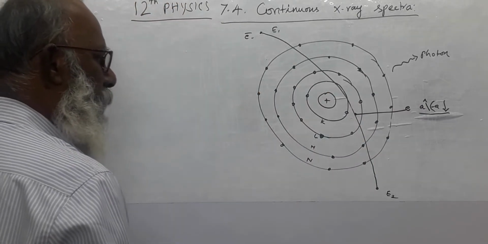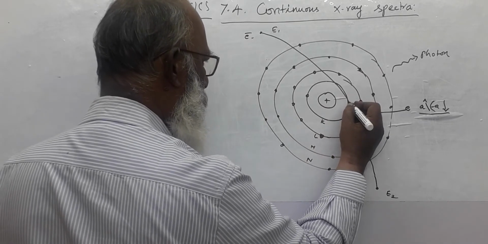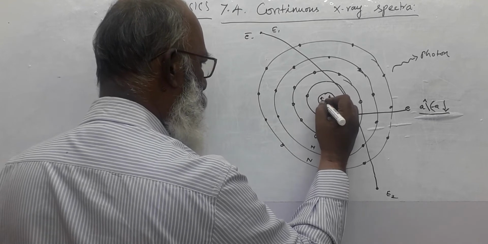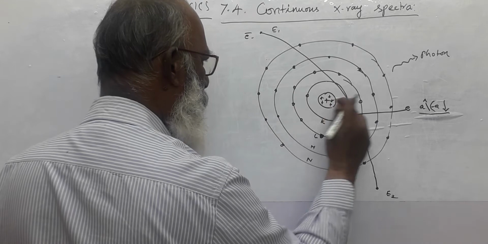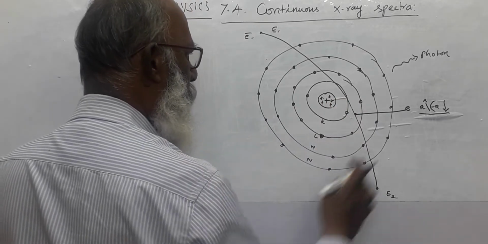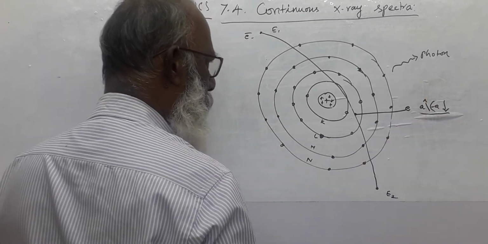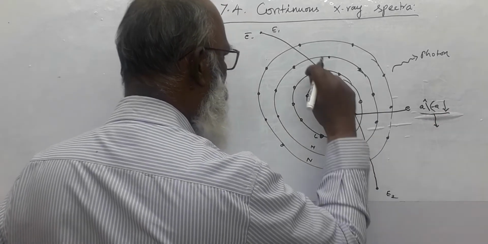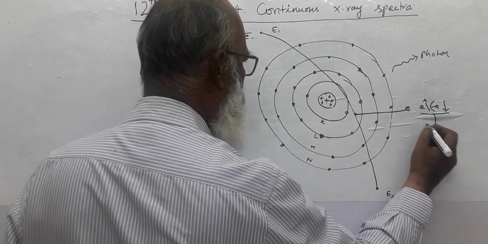Why does this happen? Only because these electrons interact with the positive nucleus. There is an interaction between the electrons as well as the nucleus. That's why the acceleration may increase or decrease, and because of this the path of the electron may be affected.